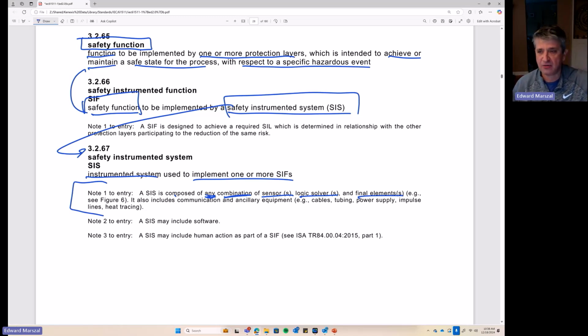I have a sensor that measures a process variable, a PLC that does logic based on that measurement, and it takes an action on a field final element to move the process to a safe state. But that common understanding of almost everyone of what a safety instrumented function is, is not what's actually in the standard. The standard says that a safety instrumented function can be any combination.